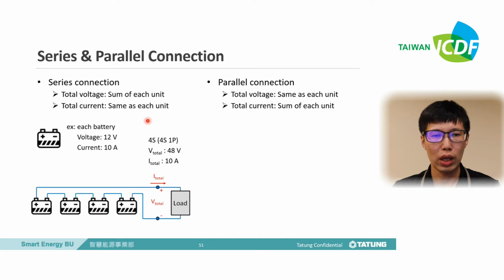Let's take a look at some examples. Assume the voltage and the current of a battery is 12 volts and 10 amperes.